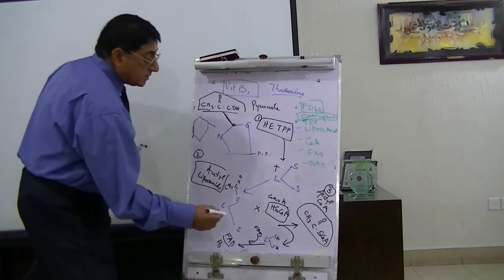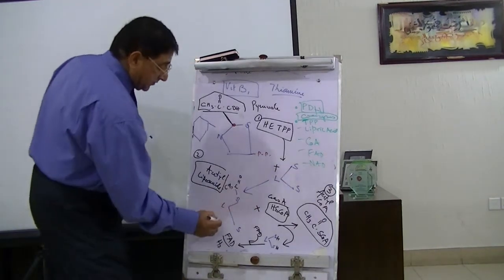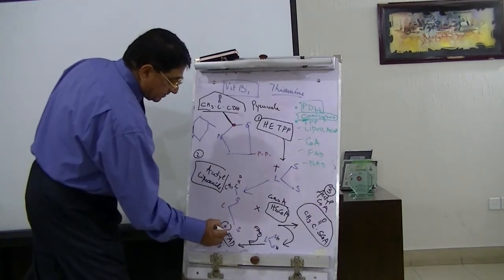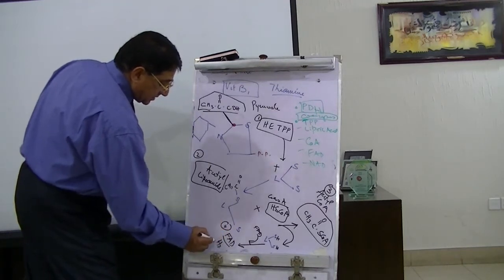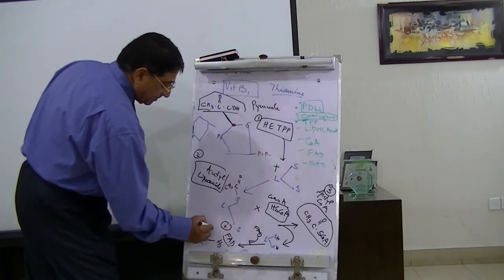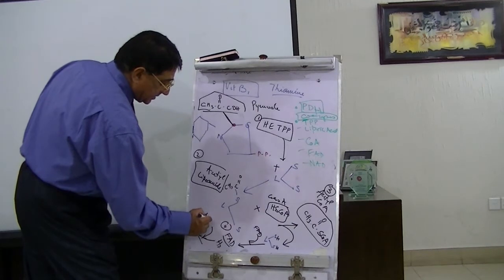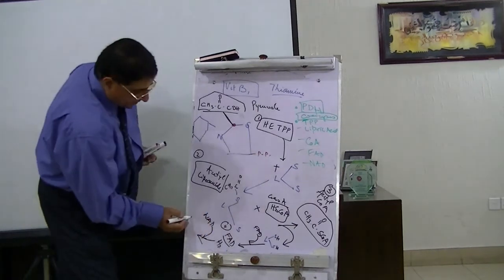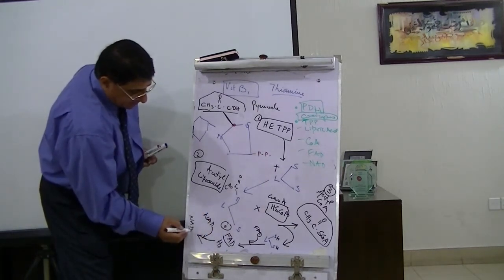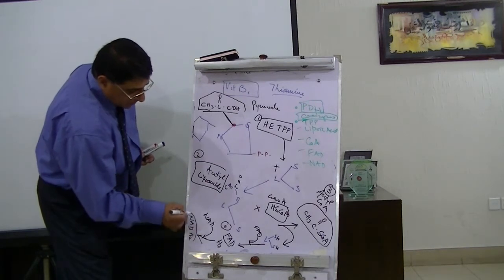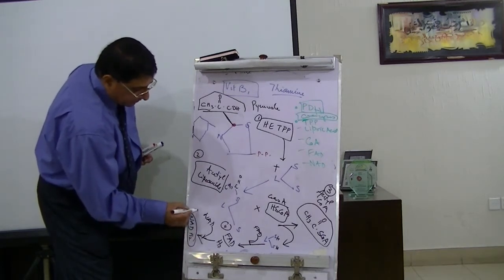Then this is the 4th step. Then NAD will come, it will become NADH2. This is step number 5.